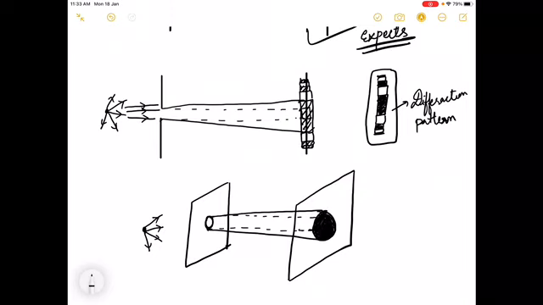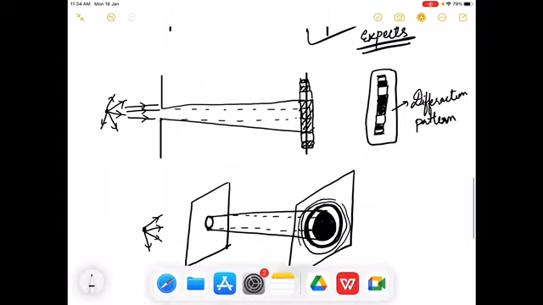You will see a much bigger bright spot, and then around it you will see a dark spot, then again a bright spot, then a dark spot, then again a bright spot, and the intensity will keep getting reduced as we go forward. So let me just show you what we will see. You will see something like this. I hope you guys can see this.